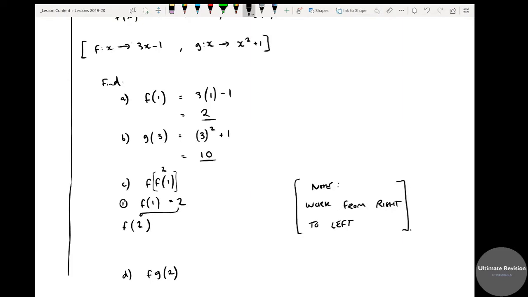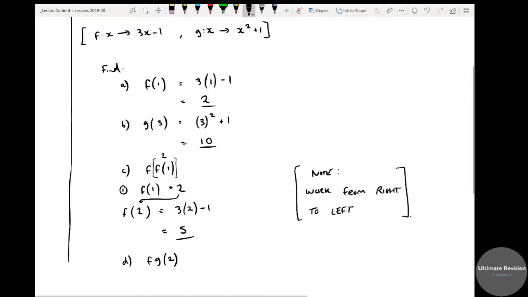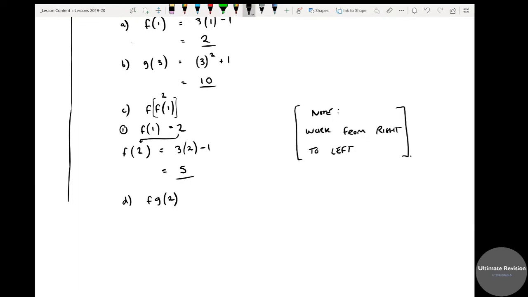So I then do f of 2. So that's going to be 3 times 2 minus 1, 6 minus 1, which is 5. So ff1 would be 5. Right, same with fg2. So again, work from the right hand side first. So I'm going to do g of 2 to begin with.